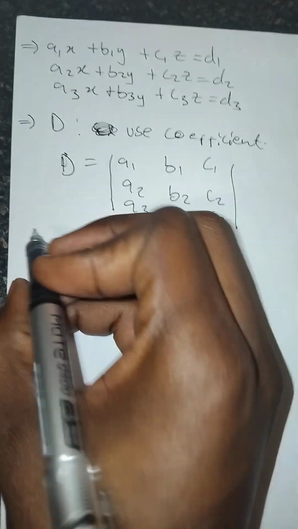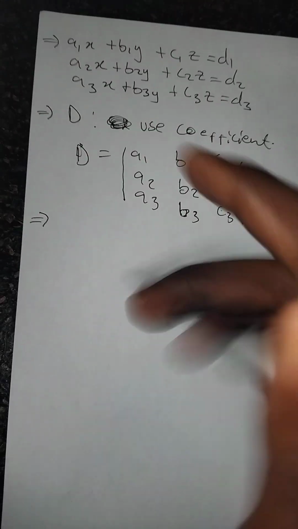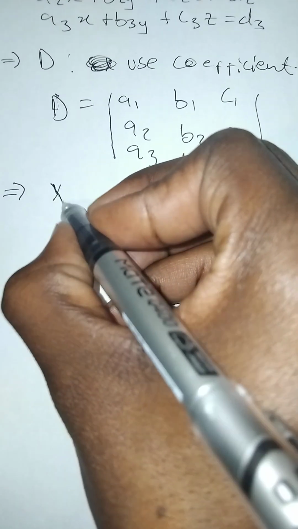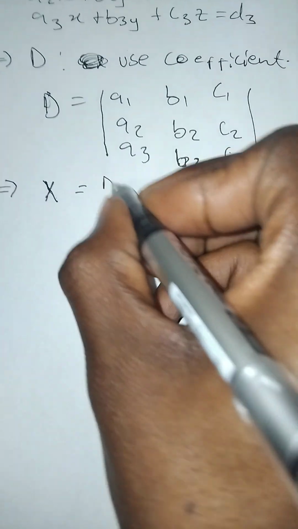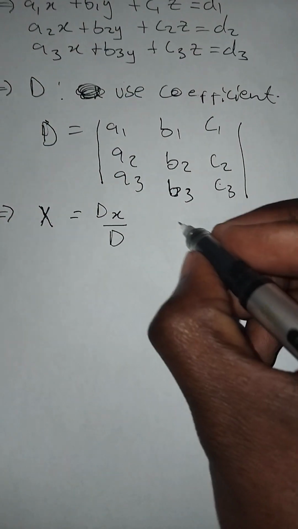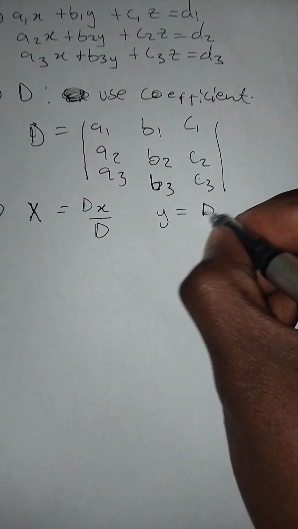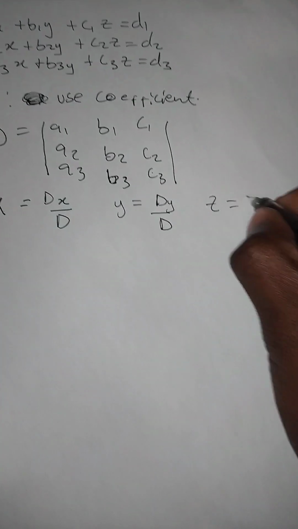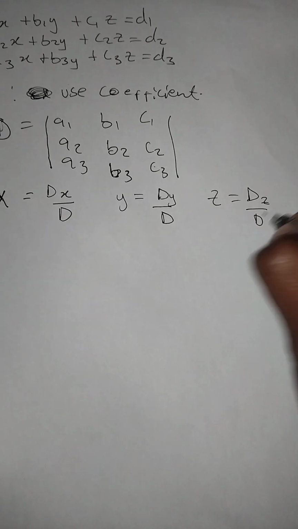Now let's go on and find out how we are going to solve our system of equations. In this case, x is still given by dx divided by d, y is given by dy divided by d, and z is given by dz divided by d, just like that.